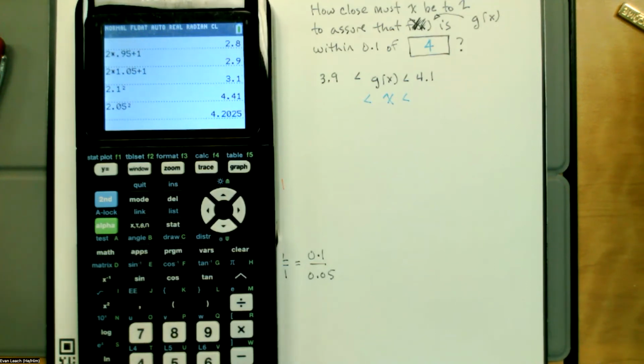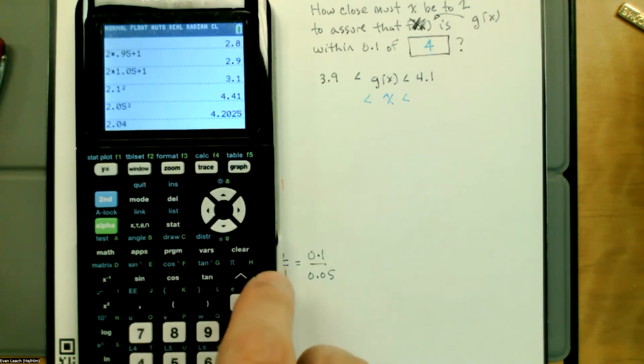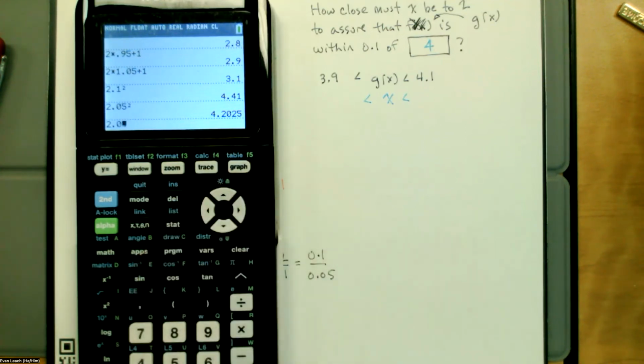I square it, 4.2, better. So I'm just going to keep cutting this down. I'm just going to start cutting down my delta until I get one that works.